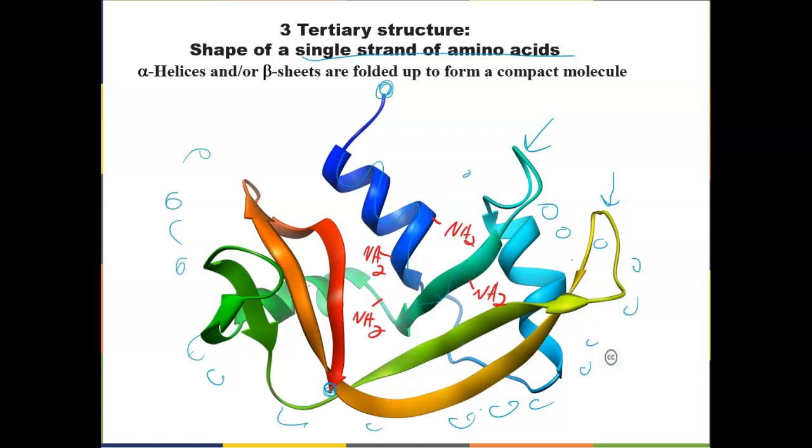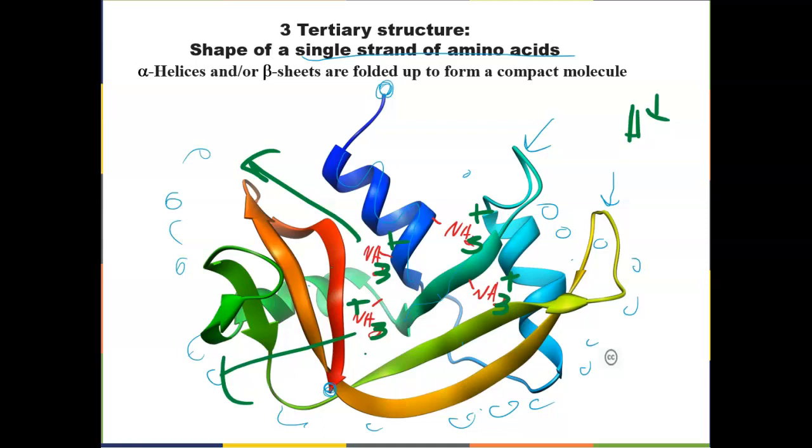But if you dump this protein in acid, all of these NH2s then end up becoming NH3s, right? Because you've added a whole bunch of hydrogen ions. And now they have a positive charge. This protein is then going to unfold so that these NH3s are now on the surface and can hydrogen bond.